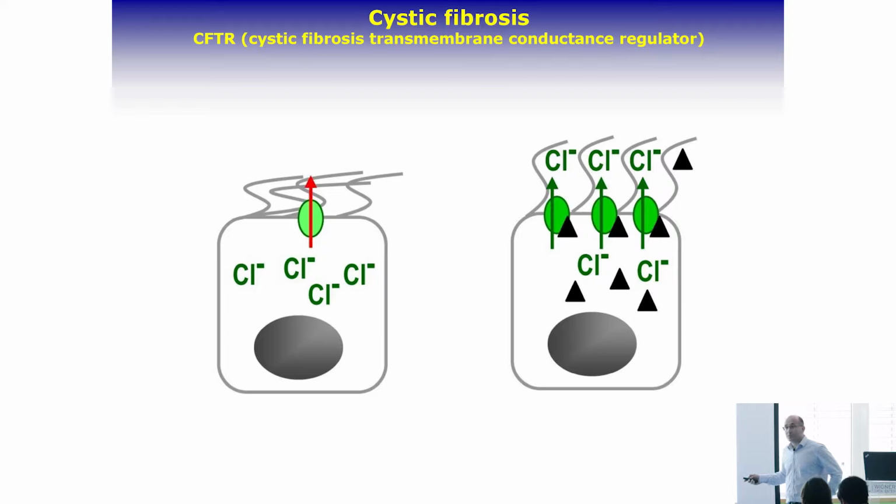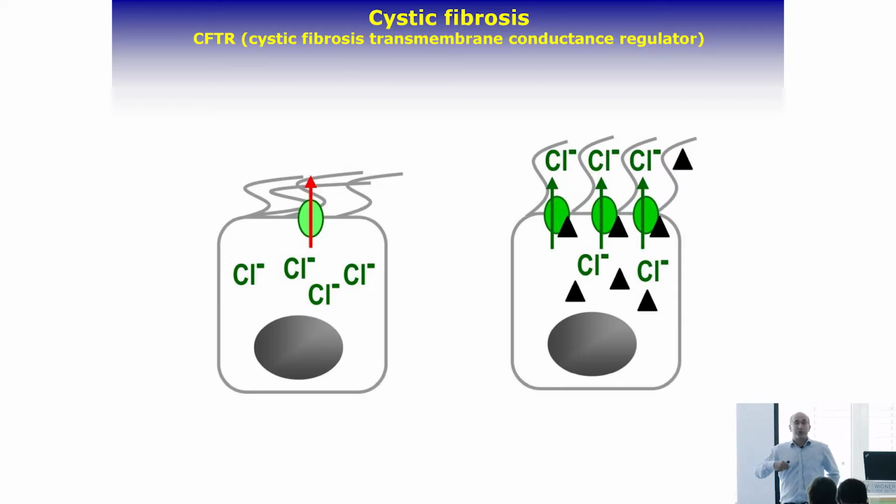If the protein is mutated, then it doesn't reach its functional place in the cell, the cell membrane. So there is no chloride influx or efflux in the cell. And this also means that there is no water followed by the chloride. For example, the most affected organ is the lung.